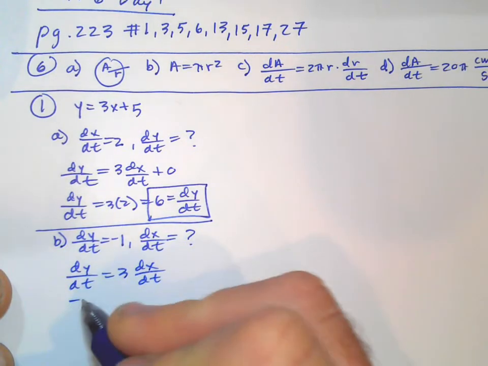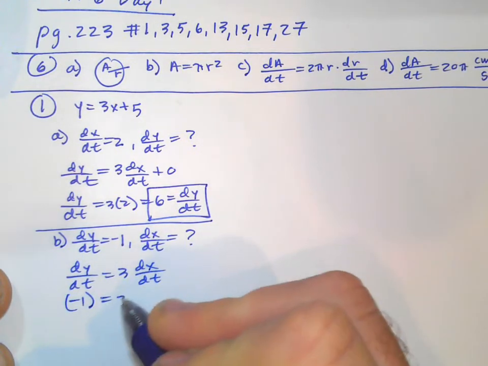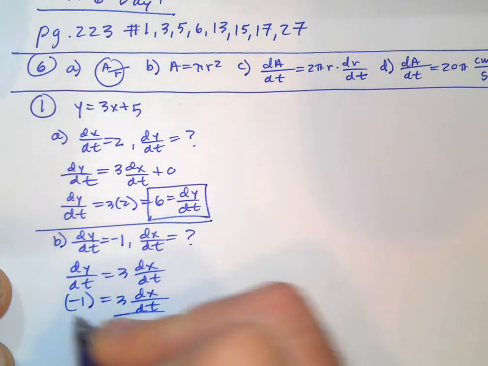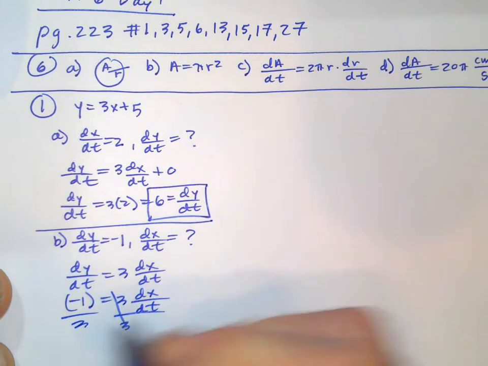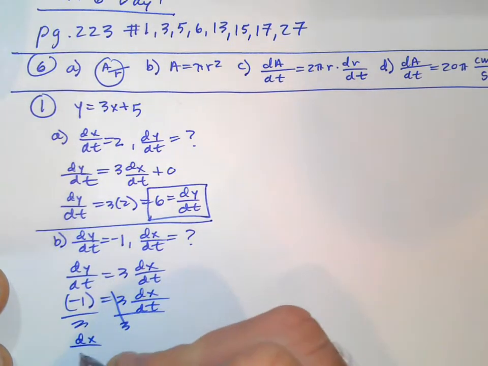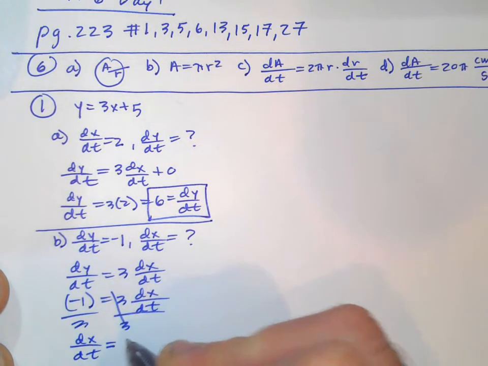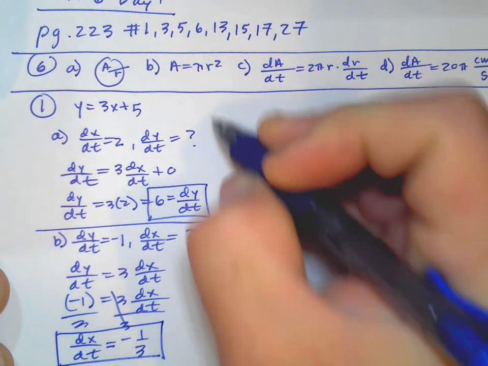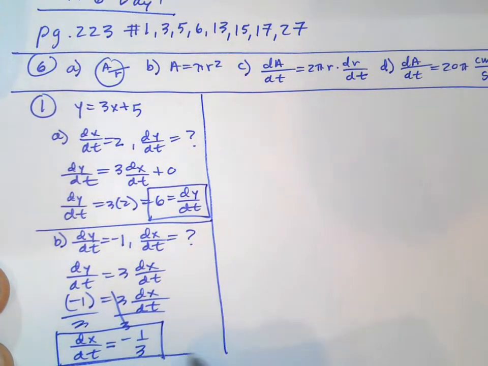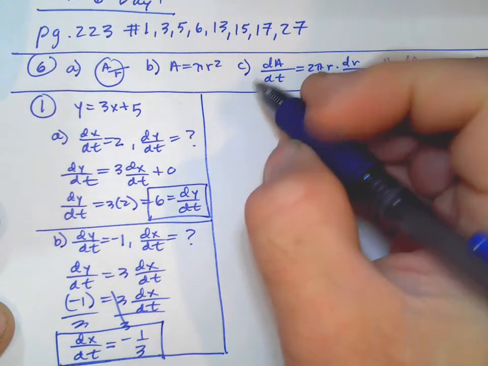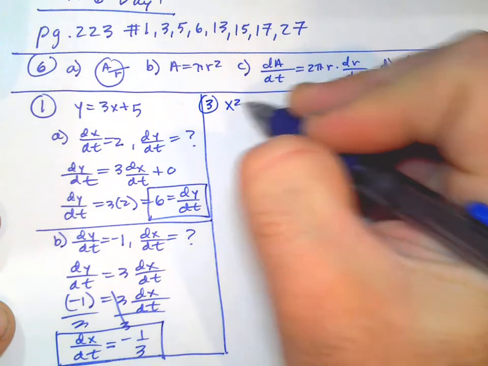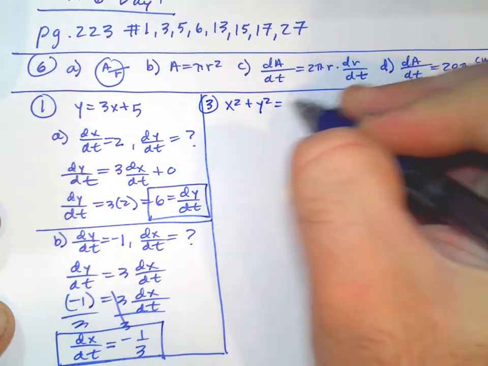And we could plug -1 in and solve for dx/dt. So dx/dt equals -1/3. There you go. All right, number 3, the equation is x squared plus y squared equals 1.